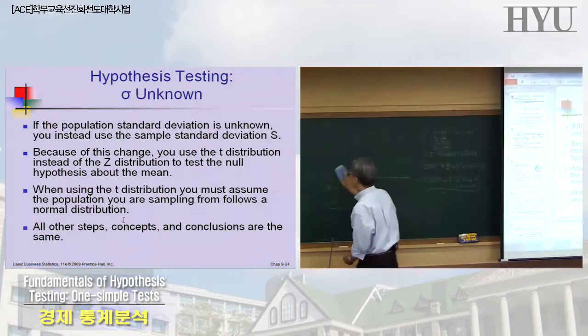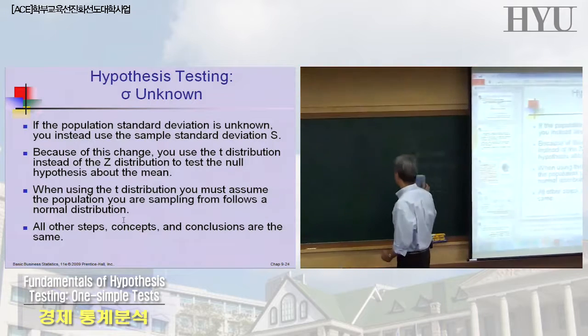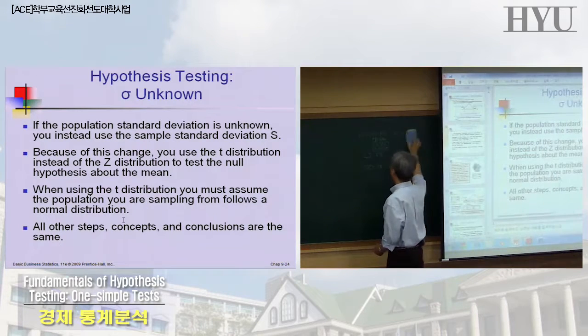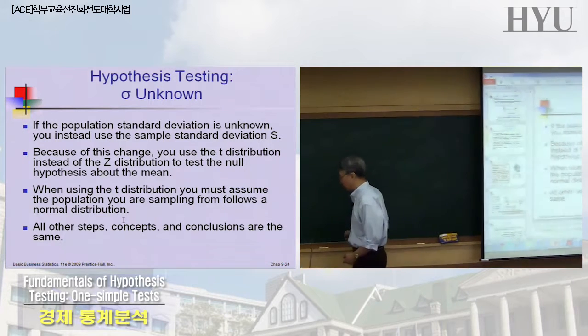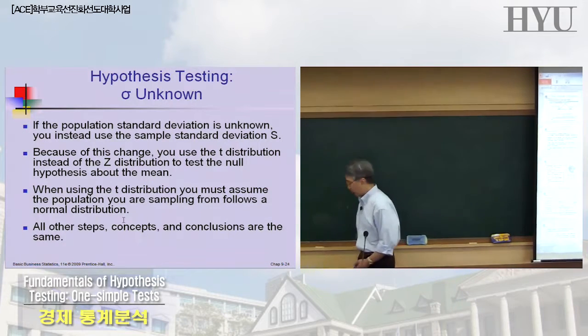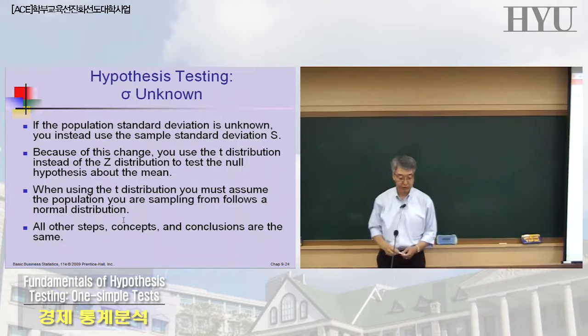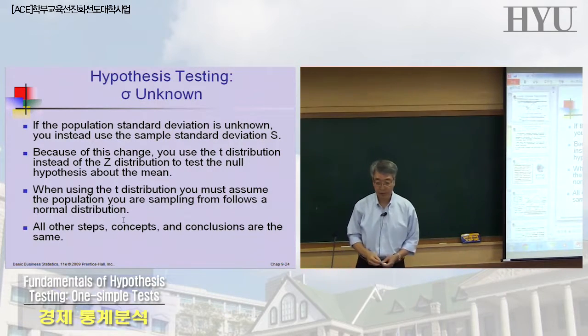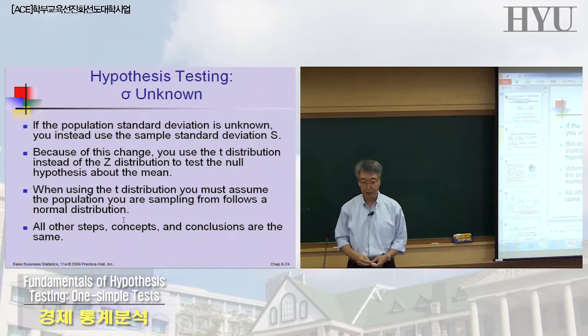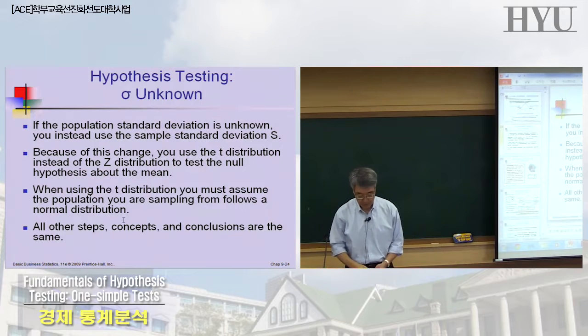But we already talked about in the previous chapter that the assumption that the population standard deviation sigma is known is probably very unrealistic. So what if sigma is unknown? Well, we already talked about this. We can use the t-distribution and t-test instead of the z-test.